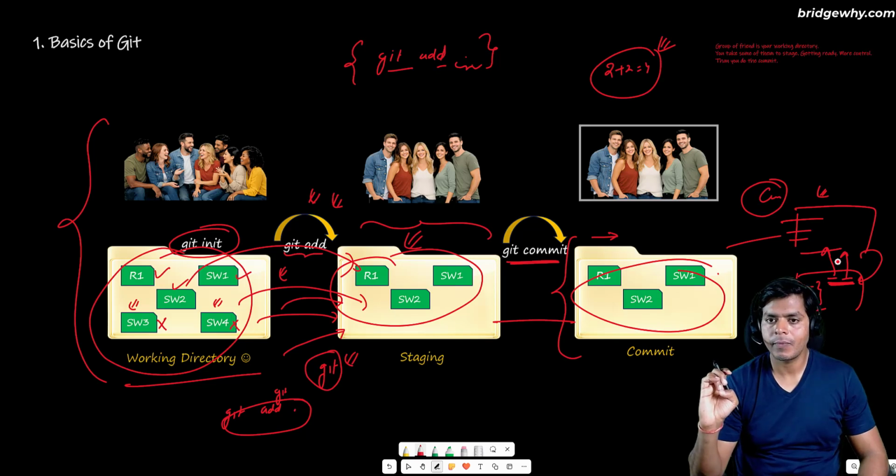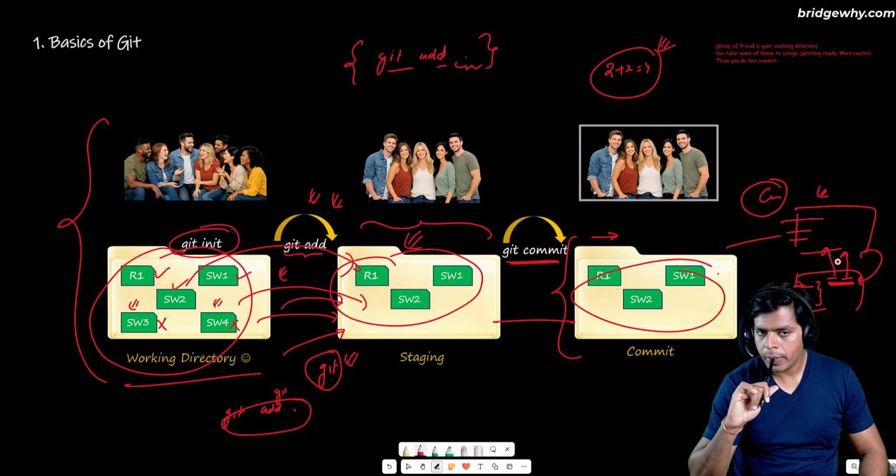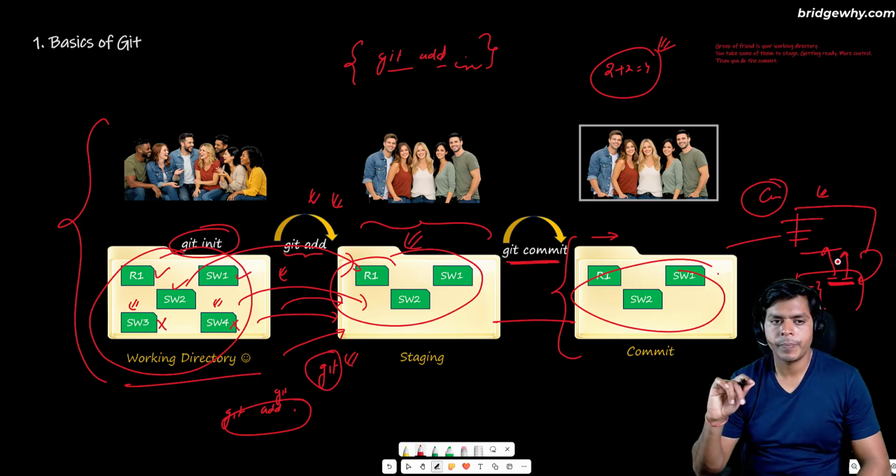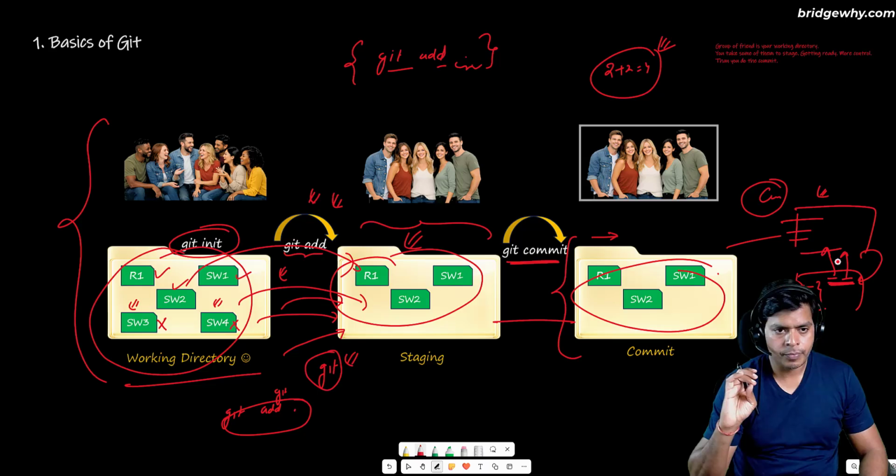Vishnu, my question is related to the Git process. Currently we are initiating Git as a Git initialization, then git add period or git add a specific folder, correct? Then it will go to git commit. If I want to add one more, for example, in the staging we are using R1, switch 1 and switch 2.